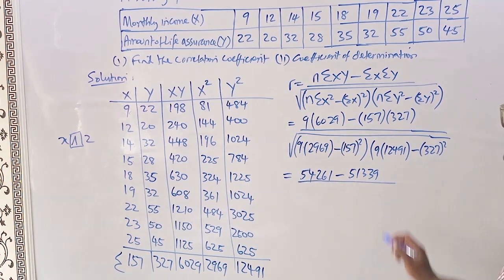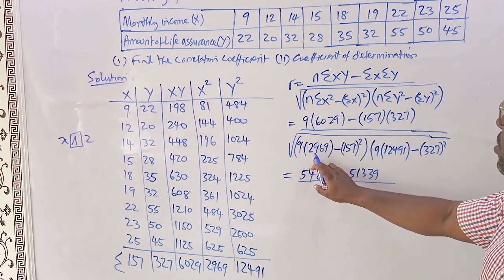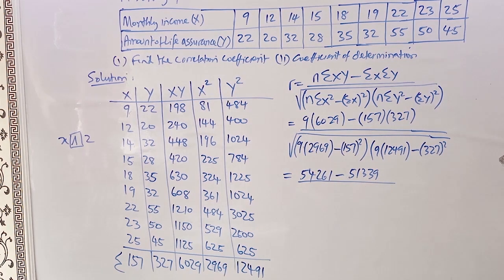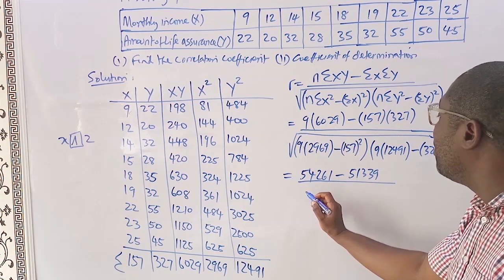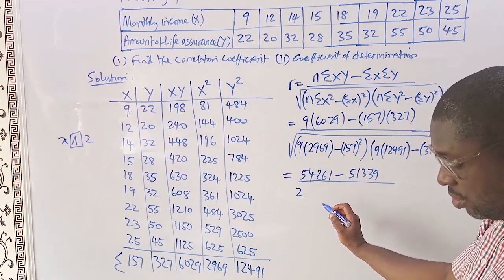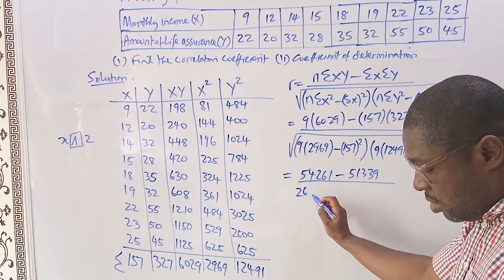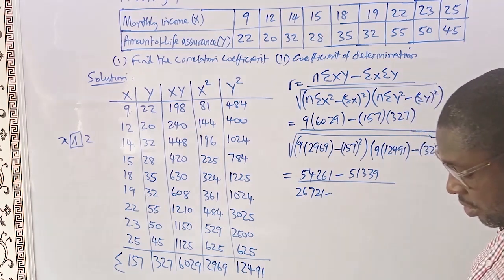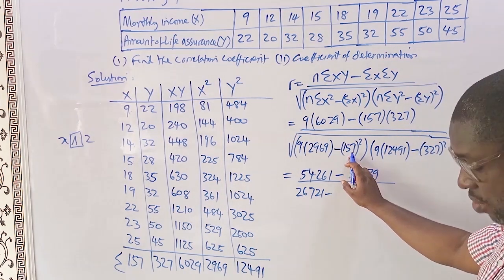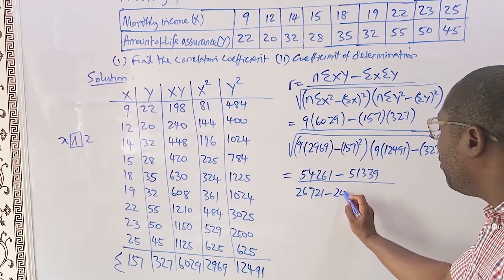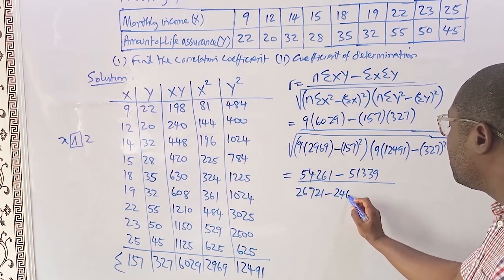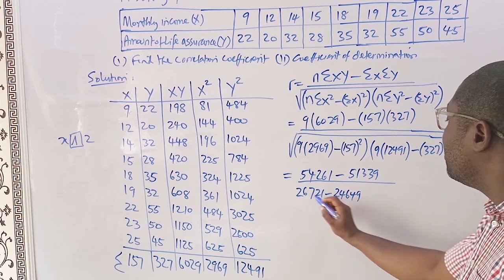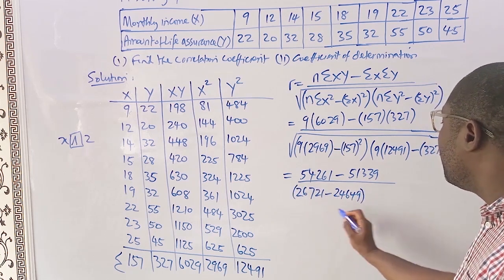Okay, divided by 9 times 2969. That should give us 26,721, minus the square of this, which should give us 24,649. So this will be in bracket.